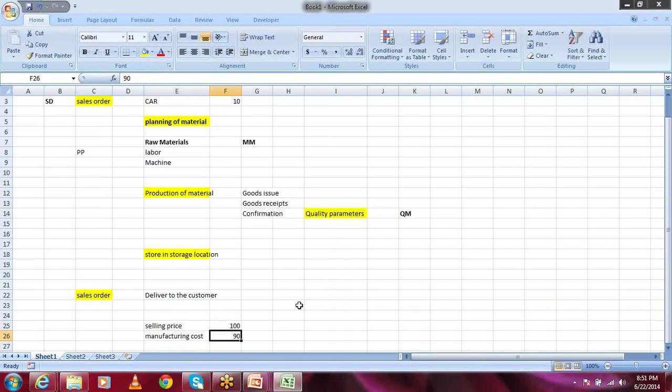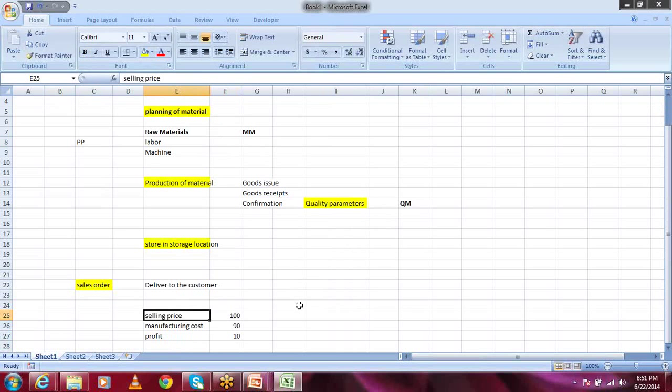You manufacture the car for $90 and you sell it for $100, so your profit will be $10. This calculation of selling price, planned price, manufacturing price and profit will be taken care of by the FICO module in SAP, the Finance and Controlling module. These are the different modules integrated with your PP.